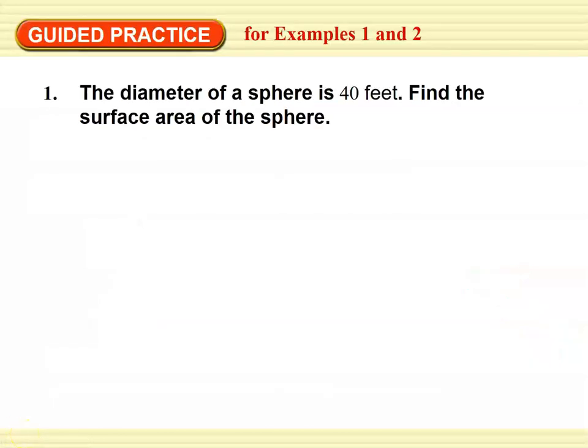All right, so now just looking at a little bit of extra practice on these. Here, the diameter of a sphere is 40 feet. Whether we're talking volume or surface area, we don't want the diameter, we want the radius. So quickly write down the radius there. Here we want surface area. So surface area is 4 pi r squared. So we're going to take 4 times pi times 20 squared.